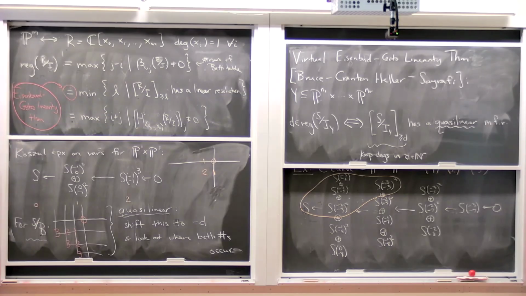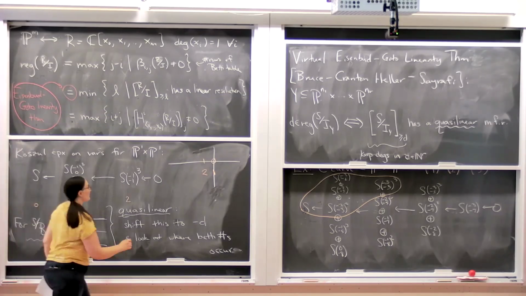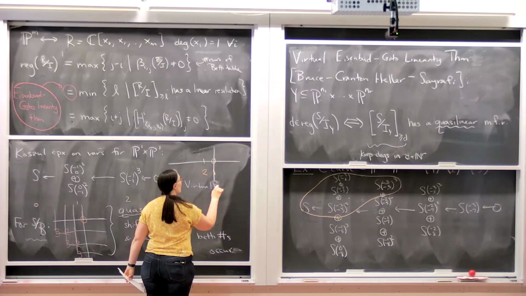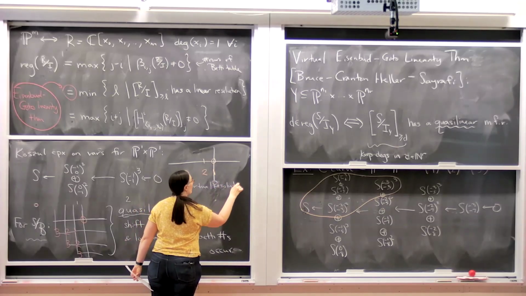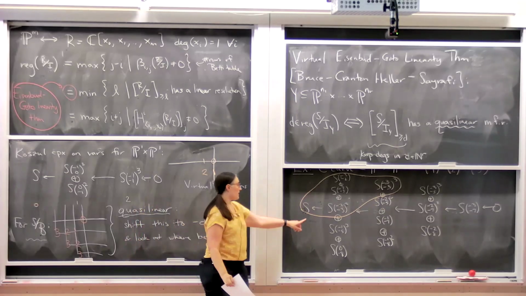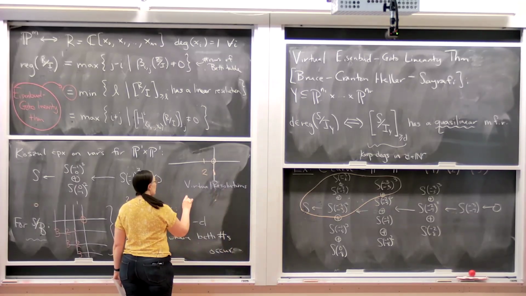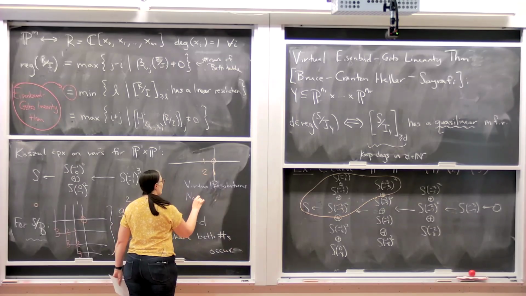Okay. So I know I'm way over. So let me just write down 3 packages. So there is a VirtualResolutions package, right? And to find things like this, that's called virtual of a pair. There is, and before that, you need NormalToricVarieties.